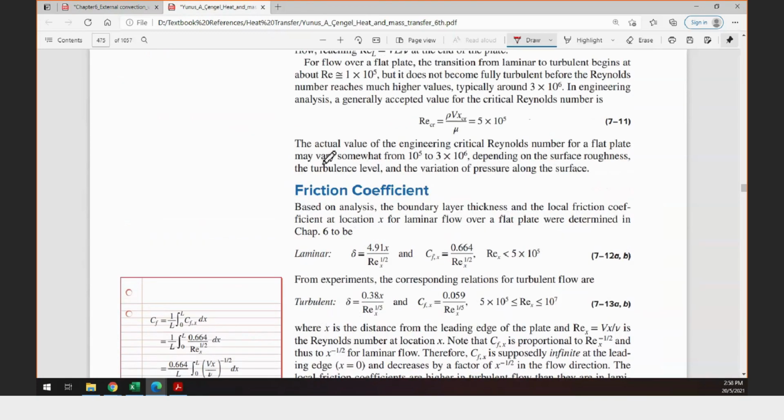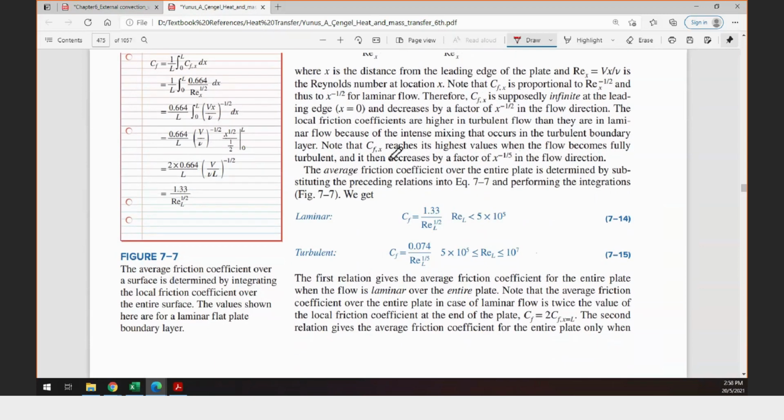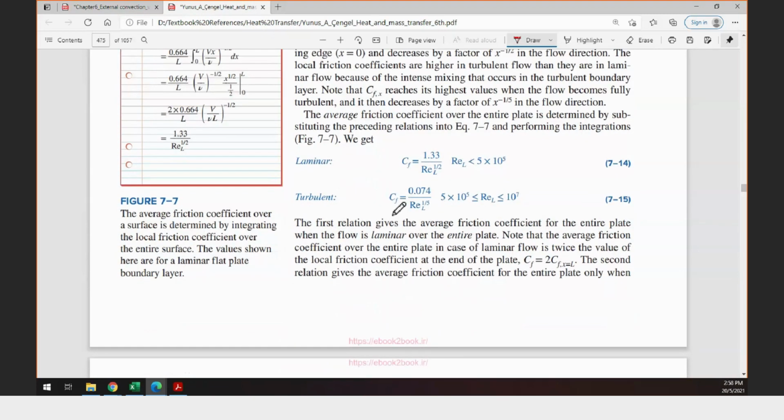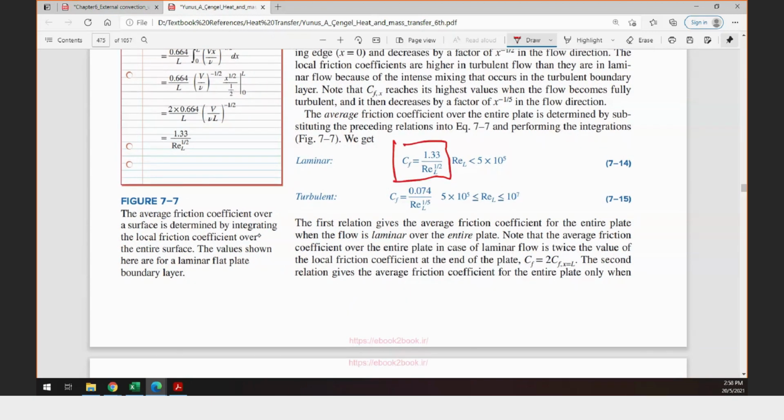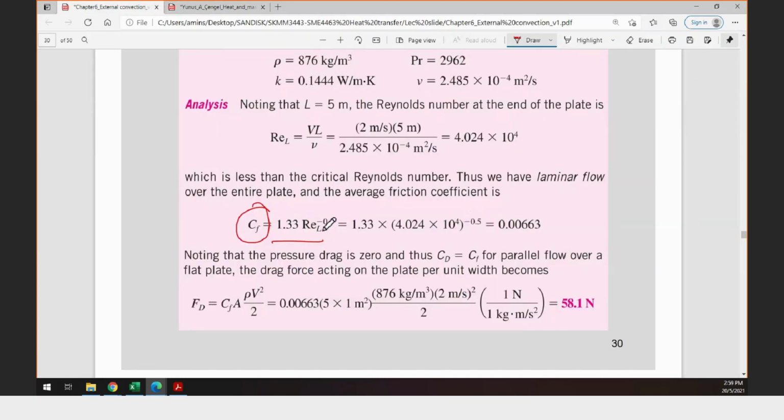This is local, so this one is laminar. You need to take this value: CF equals 1.33 divided by Reynolds number to the power of half, so 0.5.